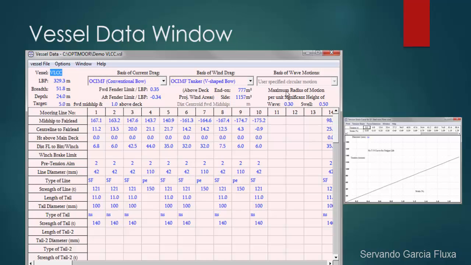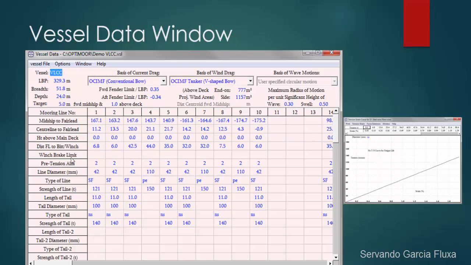Also, the next thing that you have to define is the maximum radius of motion per unit significant height. What it means is that if you haven't introduced it because you don't have wave data, then you can tell OPTIMOOR to calculate what the worst case scenario will be.